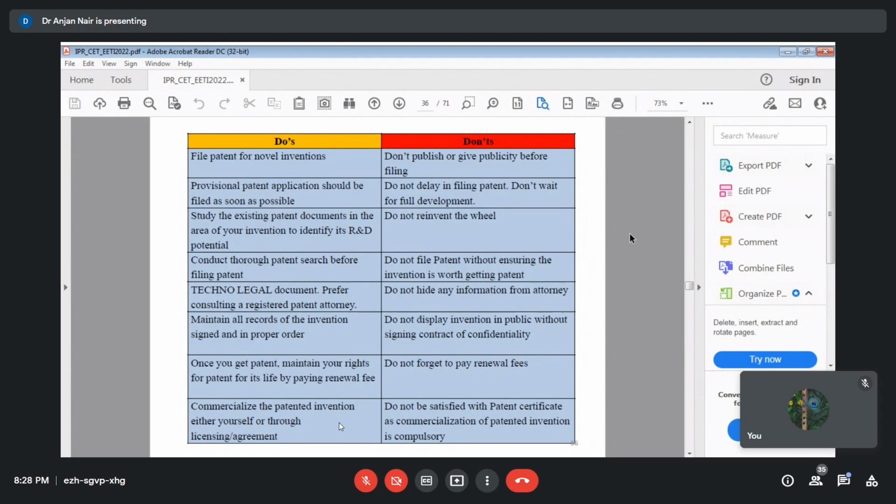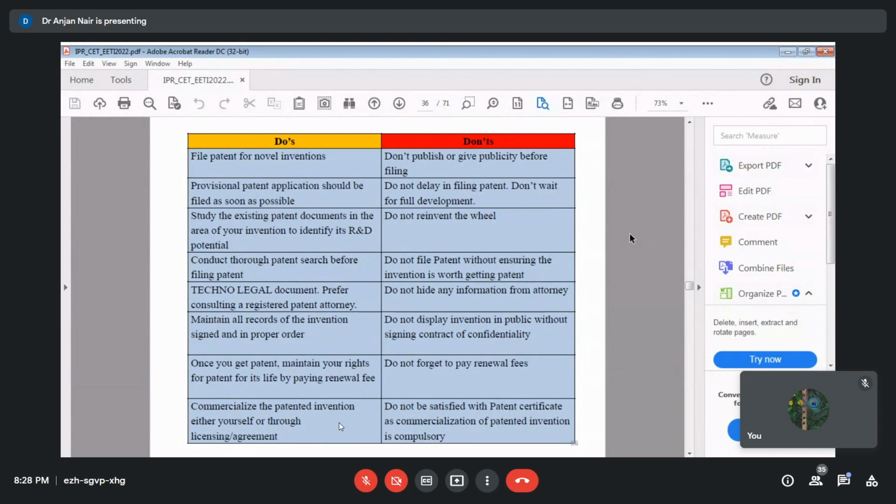Then you do a patent search and see whether it is novel, and then we can of course file for a patent. And if you are from CT, you can anytime come to the IPSL or contact me, and I will guide you.